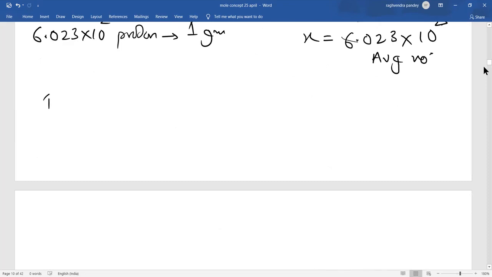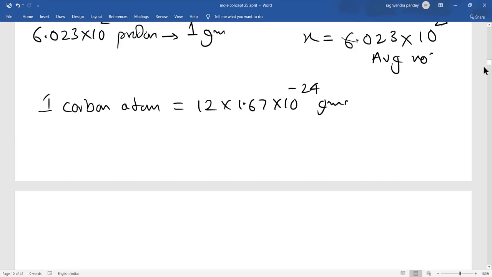Now, if one carbon atom has this mass, 12 into 1.67 into 10 to the power minus 24 grams, and if I take 6.023 into 10 to the power 23 carbon atoms, what will be the mass?